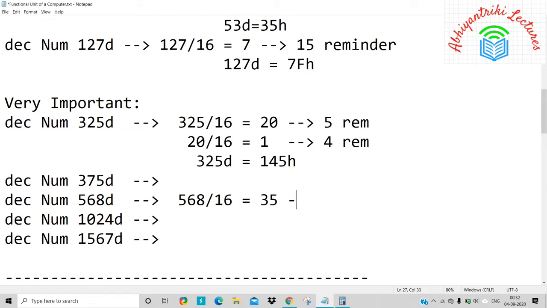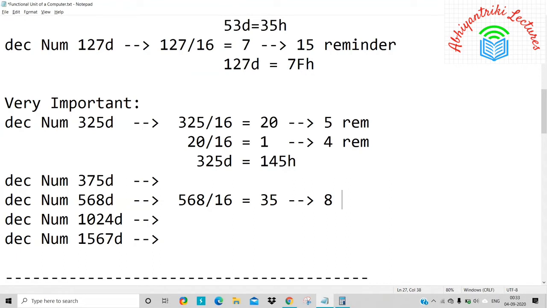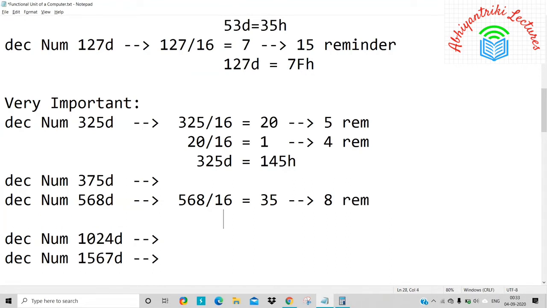What is the remainder? 35 into 16 is 560, so the remainder is 8. Since 35 is greater than 15, sorry, 16, it is greater than 16, not 15, we need to divide again.